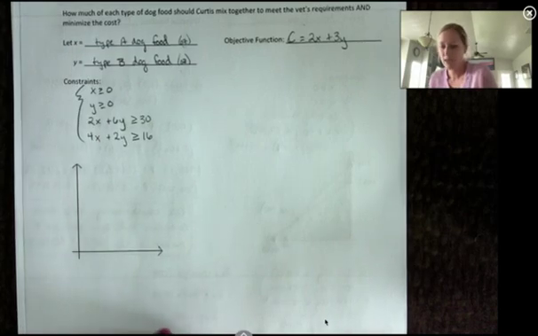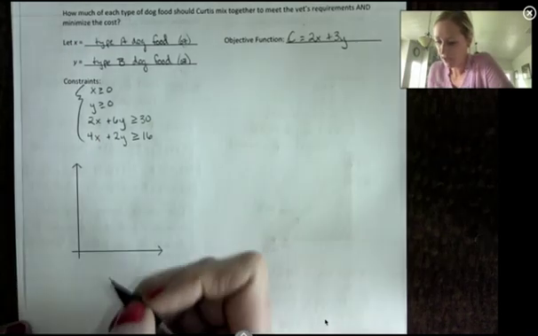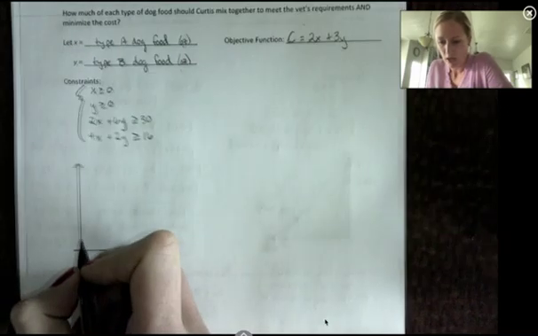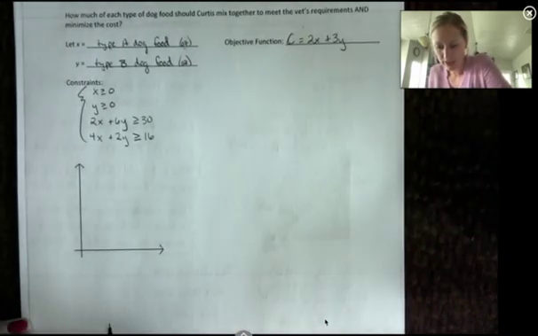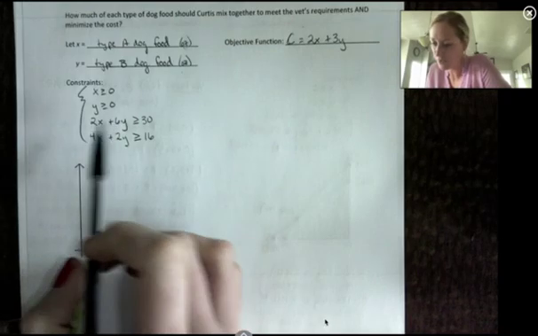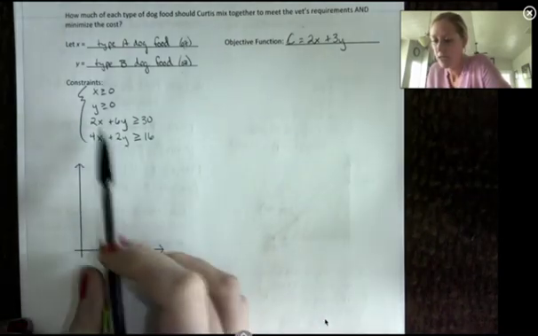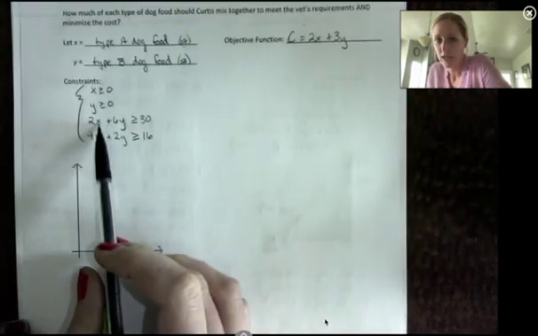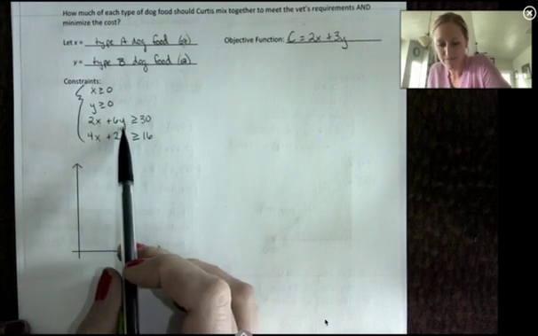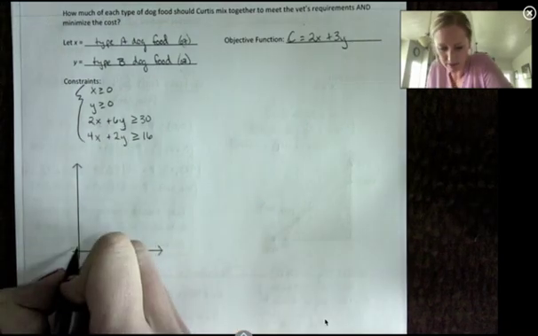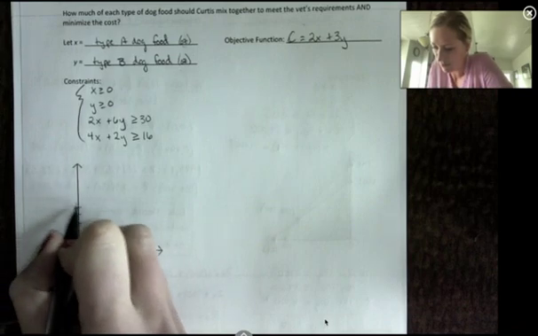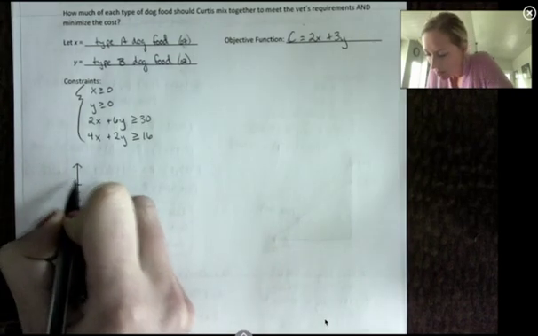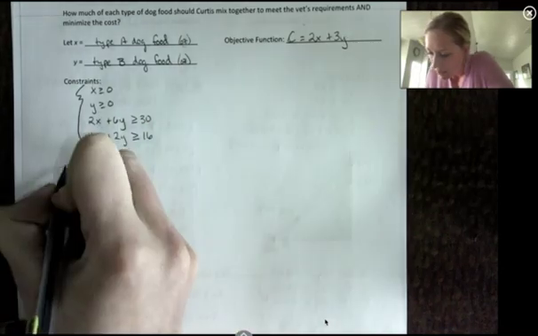All right, so we have our first one's greater than or equal to 0, so we know we're in quadrant 1. Okay, so I'm going to jump right into this one. So intercepts, plug in 0 for x, and I'm solving for y, I would get 5. So let's see if I can fit all these on here. I want 12.